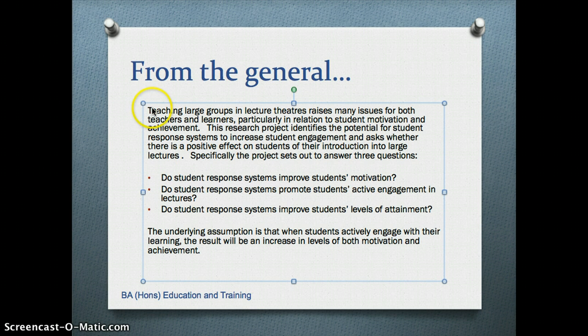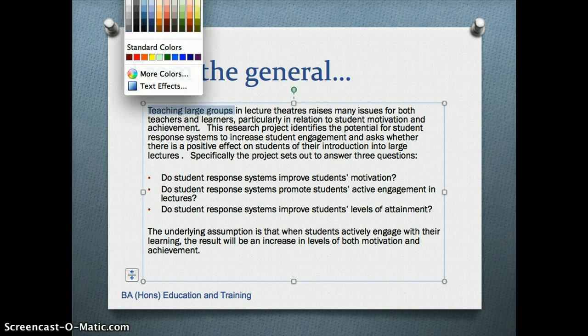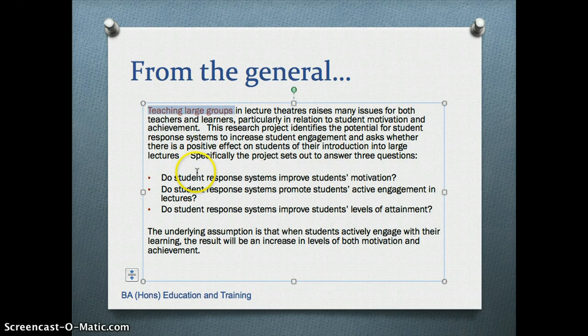So what you can see is that it begins with a statement that introduces the reader to the project focus. So we know straight away that we're talking about teaching in large groups. Okay, here in the second sentence we identify the general question.